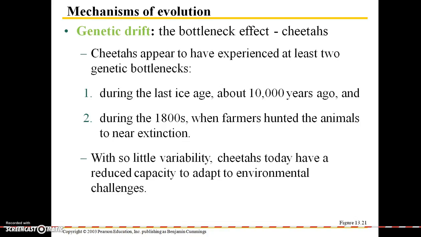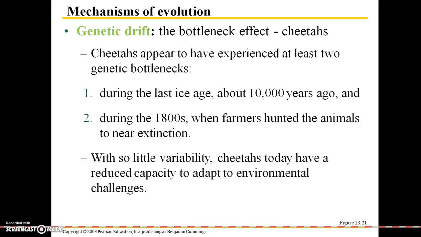When I was an undergrad at Oregon State, I went to Namibia in southern Africa to work with the Cheetah Conservation Fund on captive cheetah care and research involving prey and wild cheetahs. What I learned there is that cheetahs today have very little variation, and one of the legacies of this very little variation in their genes is the fact that male cheetahs have reduced sperm viability.